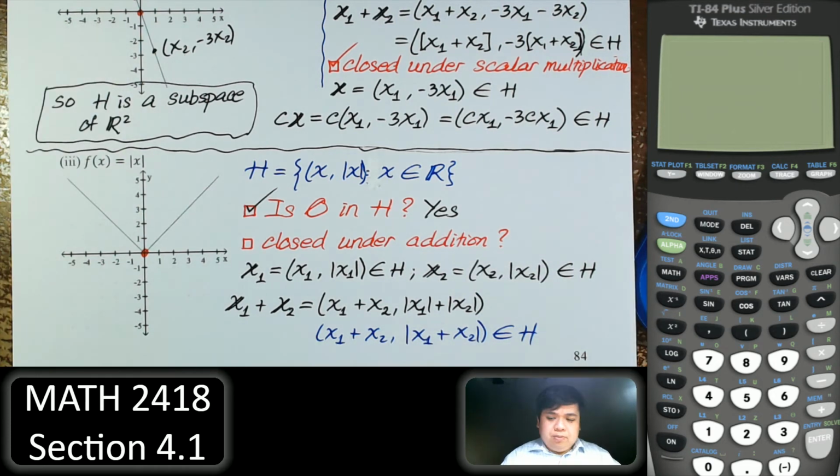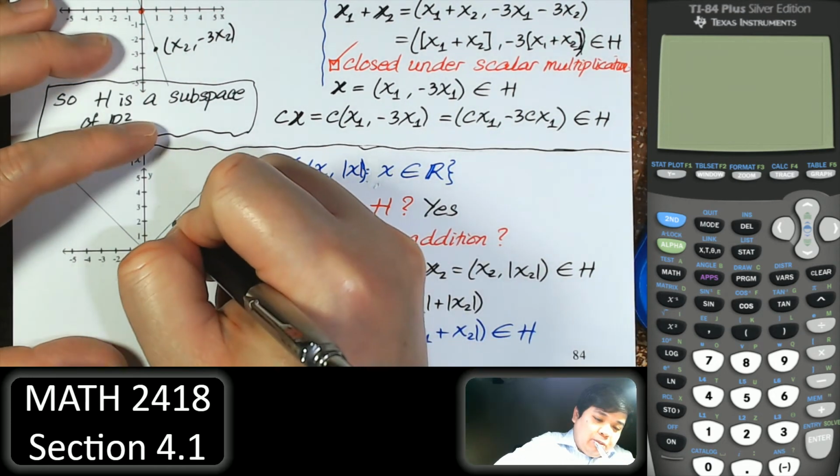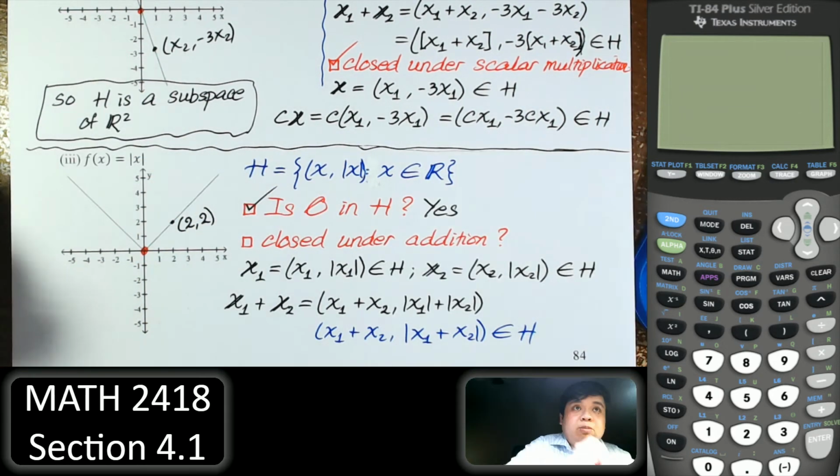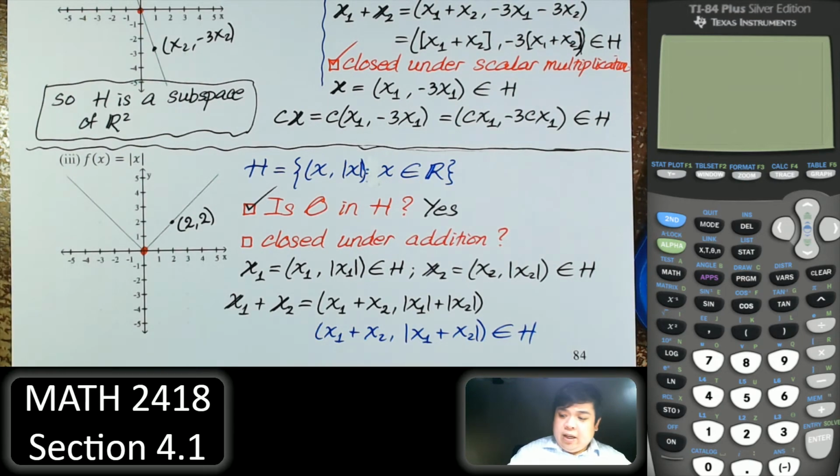Think about this. Let's pick a point, very simple: 2 and 2 belong to the set H. And pick another point.